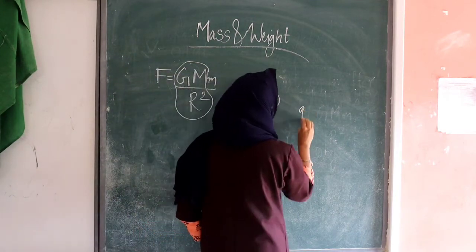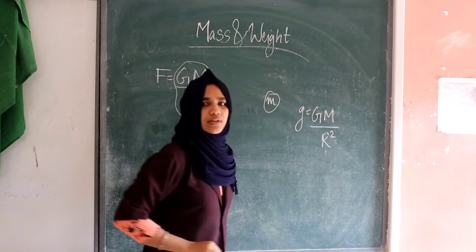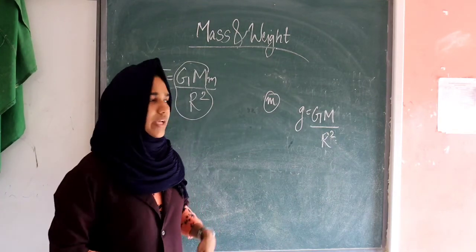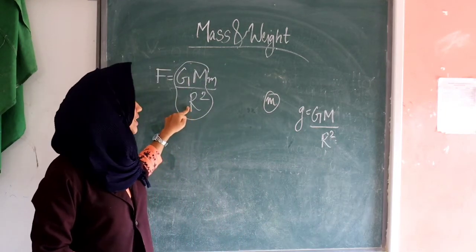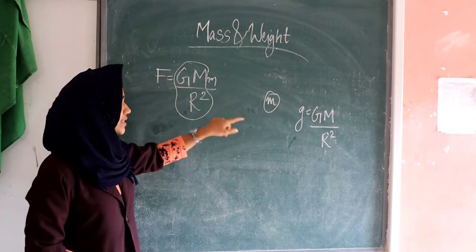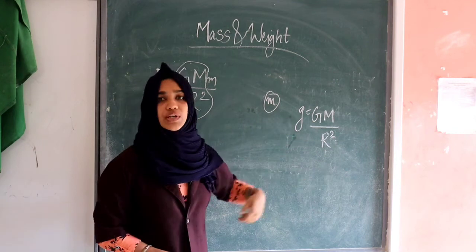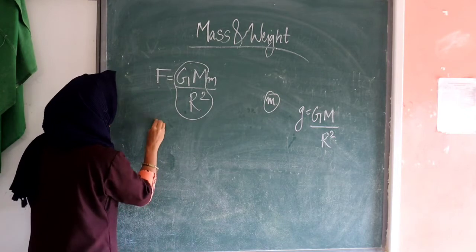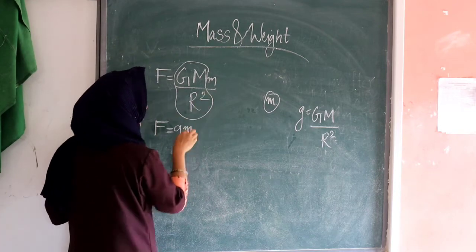That is g equal to GM by R square. We studied this equation in the last class. So instead of GM by R square, we can substitute small g, because g equal to GM by R square. So we can write this equation as F equal to small m times g.